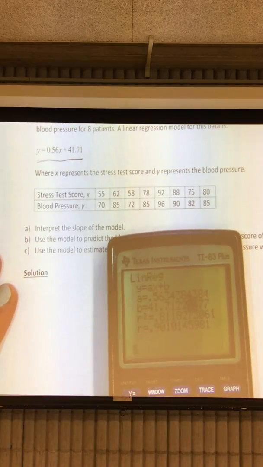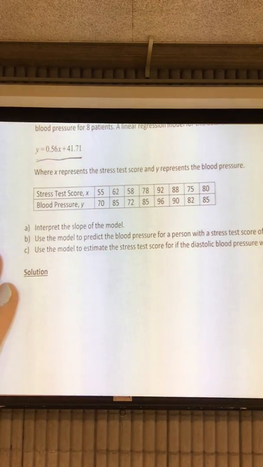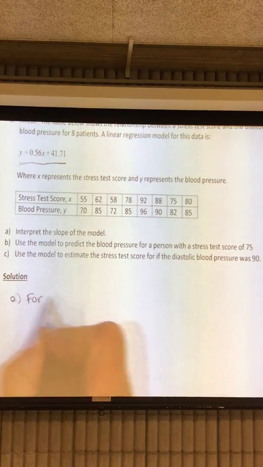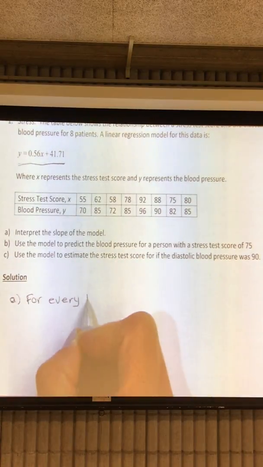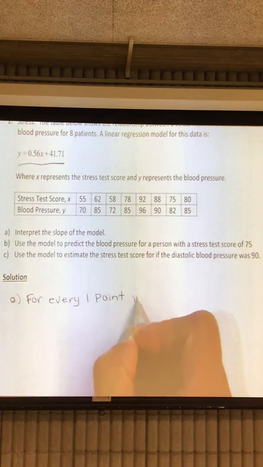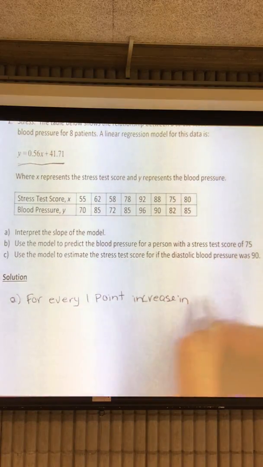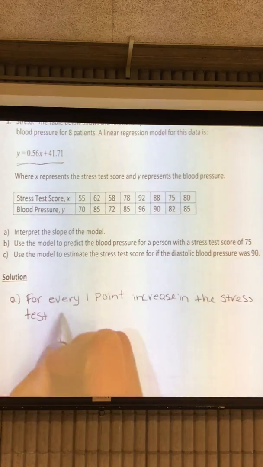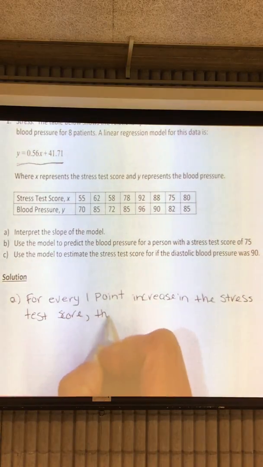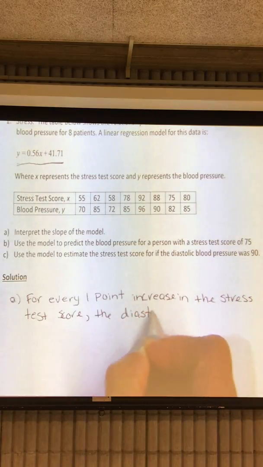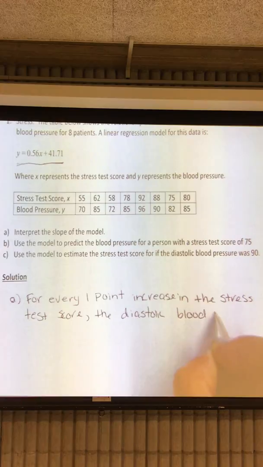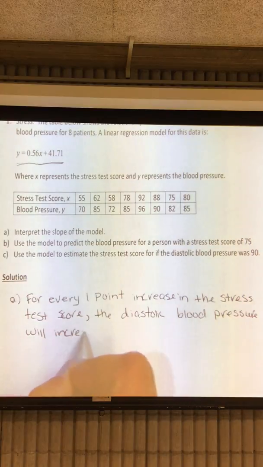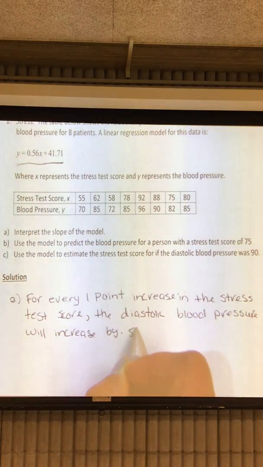For letter A, let us interpret the slope of the model. Interpreting the slope, here we have for every 1 point increase in the stress test score, the diastolic blood pressure will increase by 0.56 points.